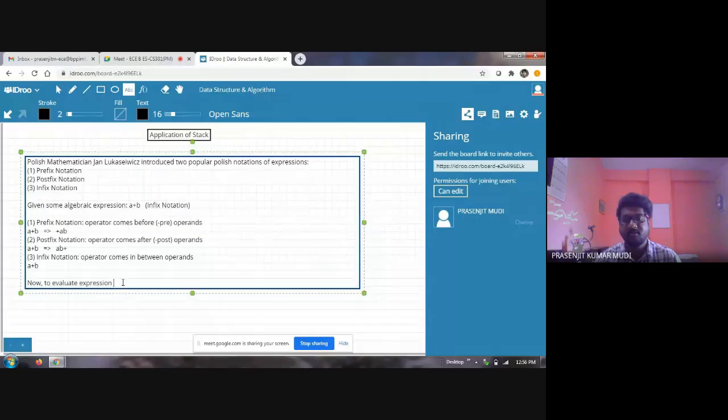So that means it is necessary to convert the infix expression to the equivalent postfix expression or the equivalent prefix expression.